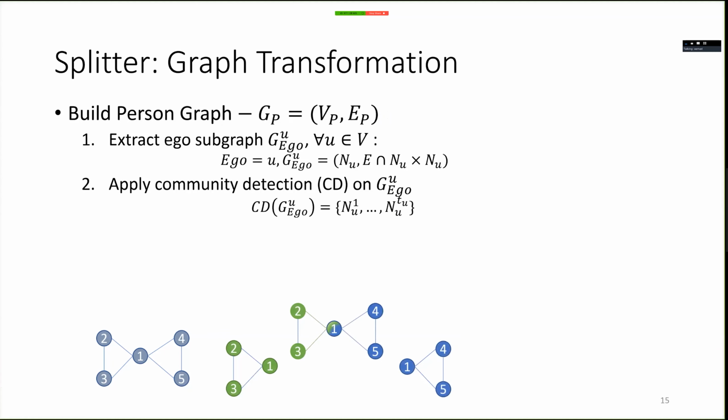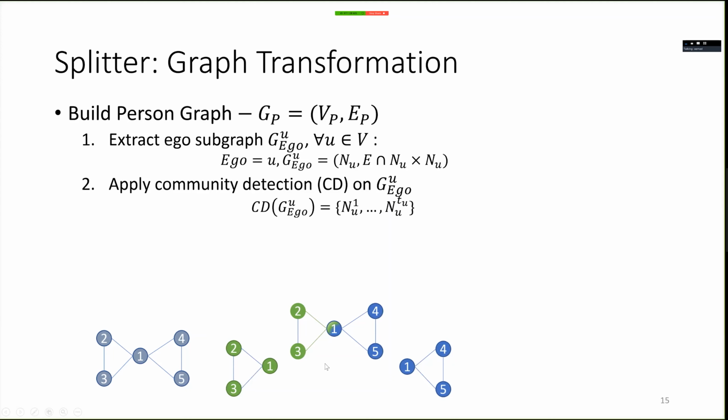Now for nodes 2 and 3, as you can see on the left here, we have one community. Nodes 4 and 5 have one community. Node 1 happens to have 2 communities: the blue community, or blue context, and the green community, which is the green context.